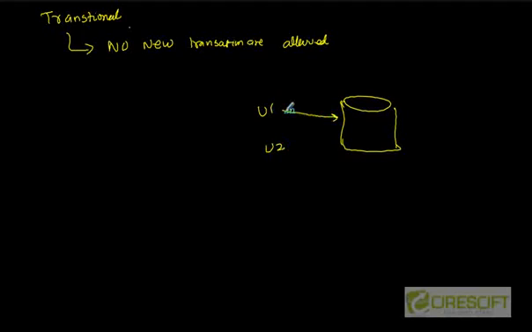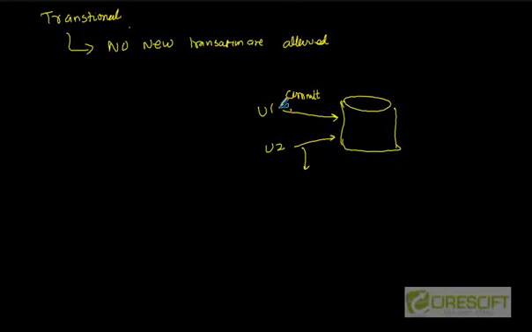Both are connected, and user 1 has just done a commit, and we have already given shutdown transactional. Once user 1 gives a commit, this user cannot do any new transaction, whereas user 2, who has not committed, can keep that transaction going.